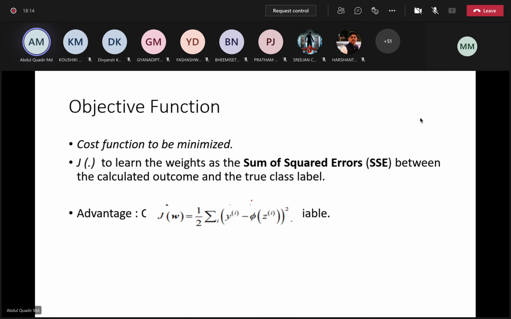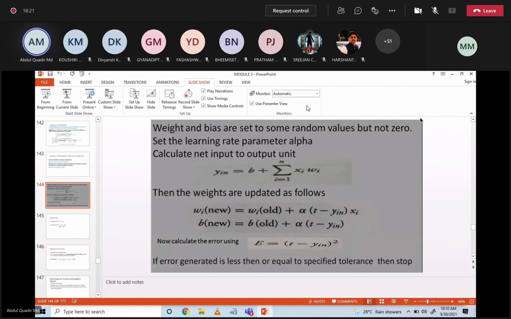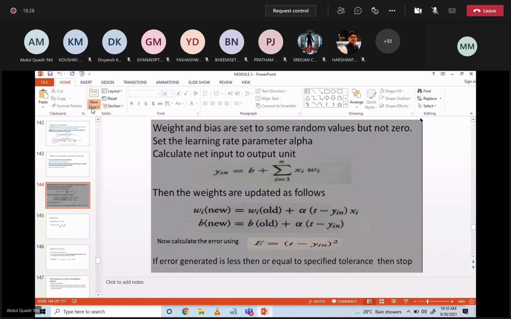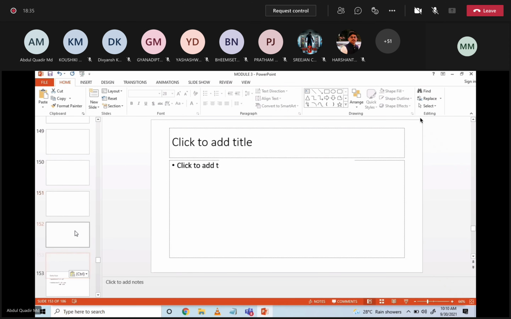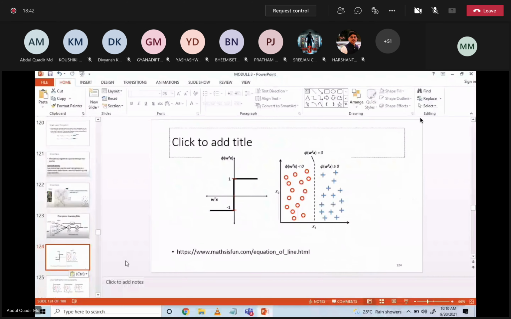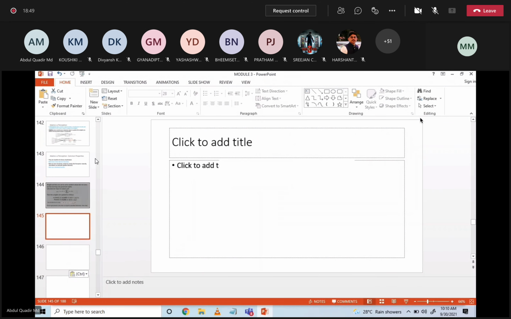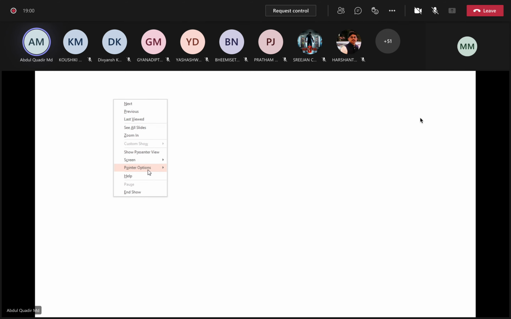Okay, so now what did we do, students? Since we are talking about the gradient descent LMS algorithm, I'm going to tell you, because this particular outline runs on the LMS algorithm.